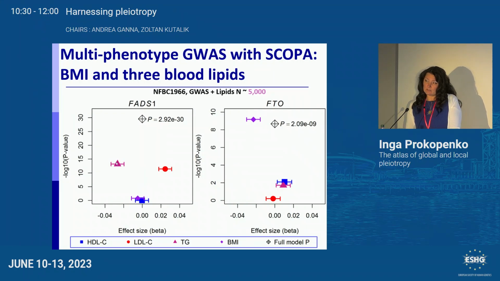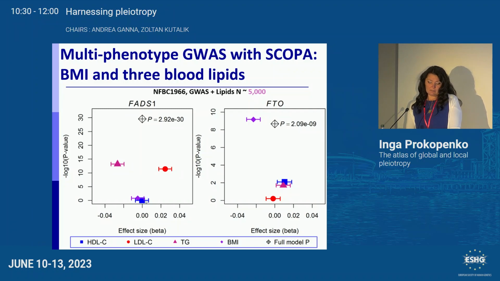But when we start comparing the effects which we calculated in this modeling exercise, the software is able to run all models which we can create with 4 phenotypes, BMI and 3 lipids. And you can see that the association is observed with triglycerides, where beta is negative, and with LDL cholesterol, where beta is positive.